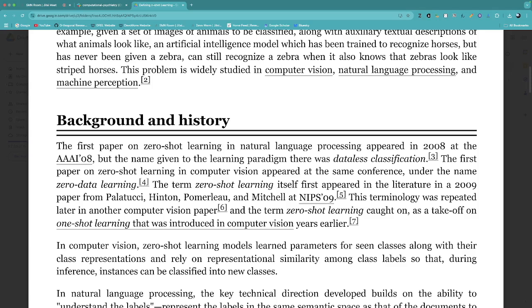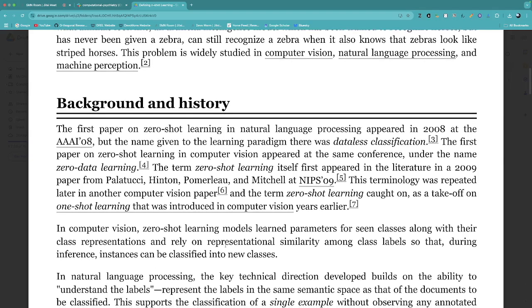The term zero-shot learning itself first appeared in the literature in a 2009 paper from Palatucci, Hinton, Pomerleau, and Mitchell at NIPS 09, which is now NeurIPS. This terminology was repeated later in another computer vision paper, and the term zero-shot learning caught on as a takeoff on one-shot learning that was introduced in computer vision years earlier.